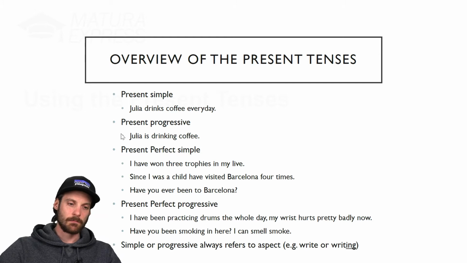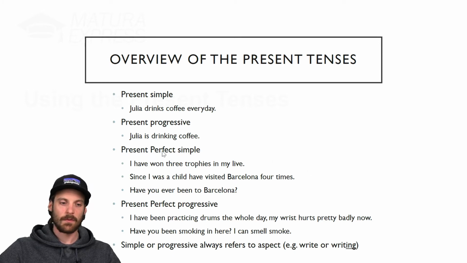Whereas with the present perfect simple, we only look at the amount of times someone has won trophies, or how many cars he or she owned, or how many times someone has visited a place or a town or city.